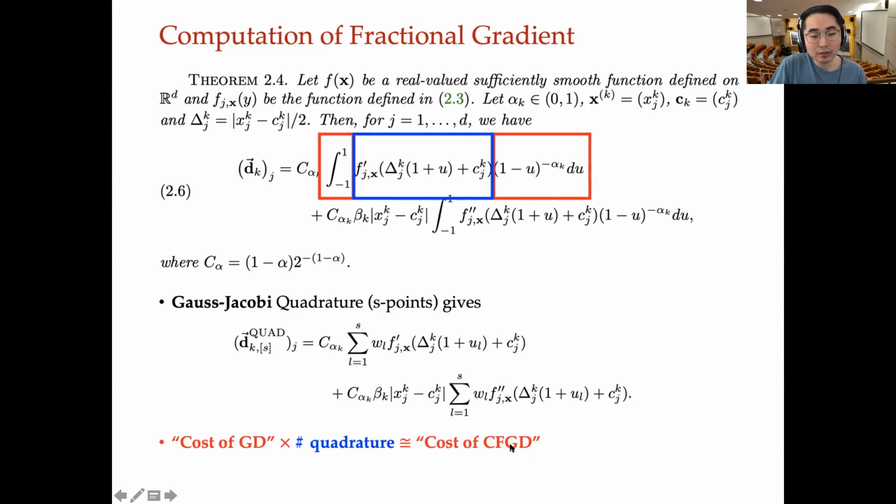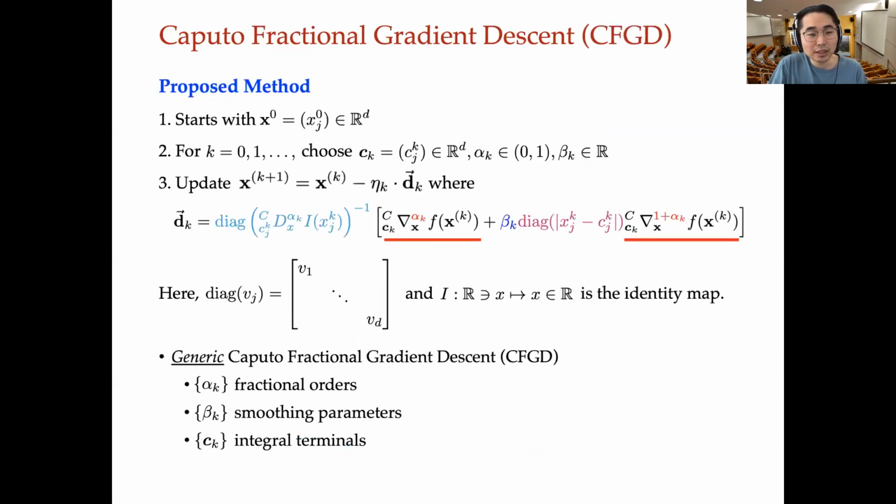So in a fair comparison, we should perform better than GD by the number of quadrature points when you want to compare the performance versus the computational cost. I will show you the results in more detail, but we win by a large margin.